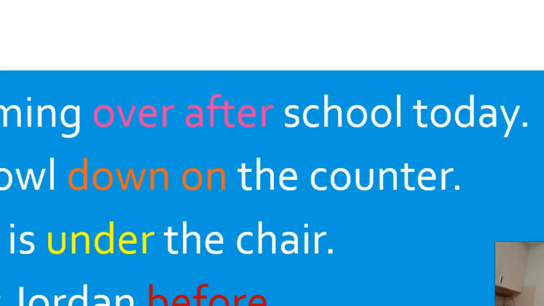But sometimes adverbs are also words that we use as prepositions. So we have to make sure that we are identifying the correct part of speech.